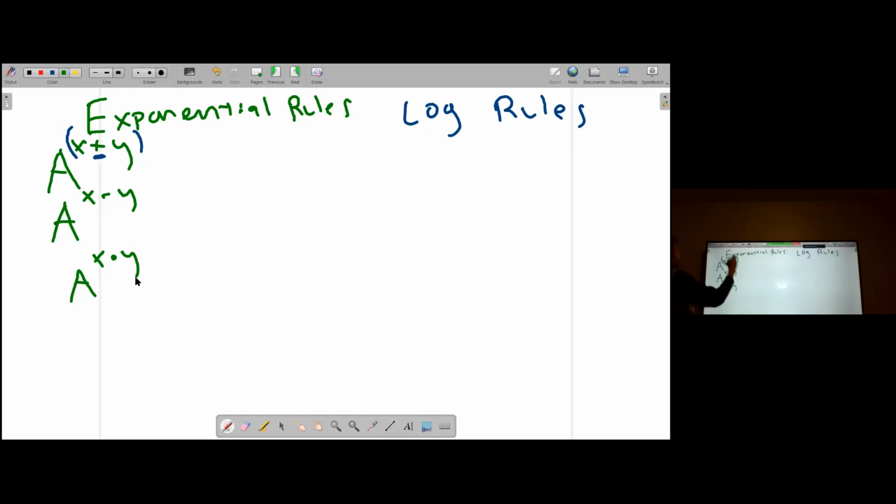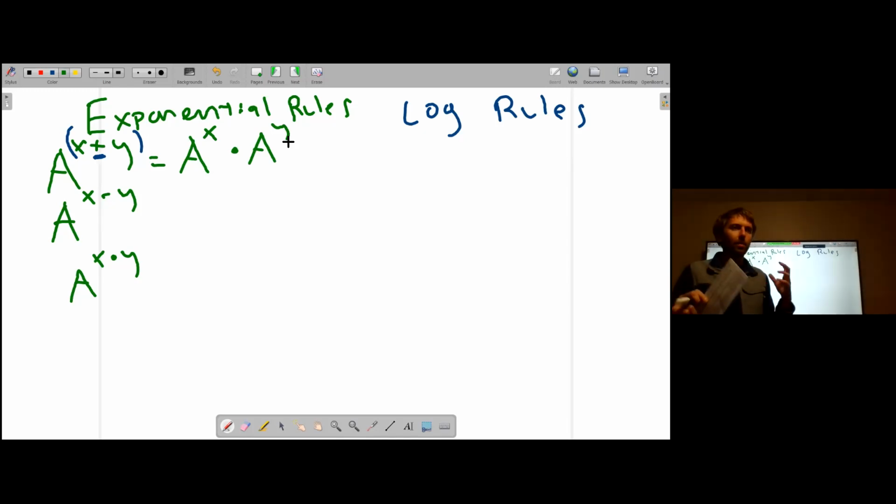Well, each of these, we have a rule for it. So this one is going to be equal to a to the x times a to the y. So notice it turned plus into multiplication. But you also have to pay attention, and you have to turn on your brain's detail-oriented mode, I guess. You have to keep track of which one's inside the function, that's the plus in this case, and which one's outside the two functions.